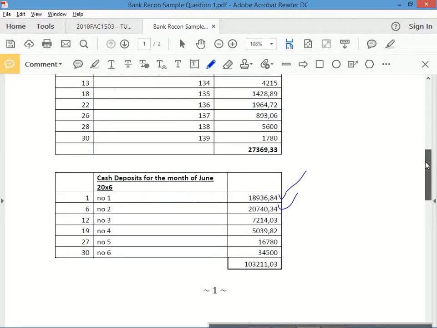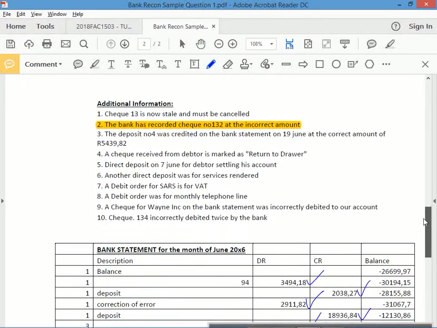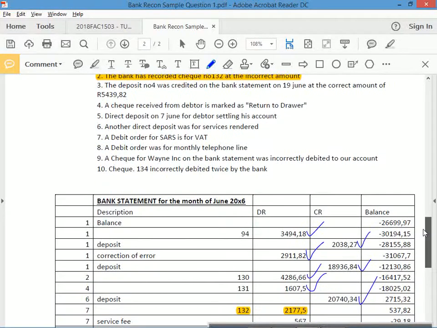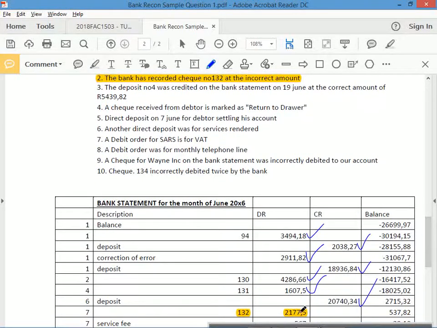What is the check representing? 217. So does the check have to go up or down? Needs to go up. Right, so is the bank going to process a debit or is the bank going to process a credit? They're going to process a debit.